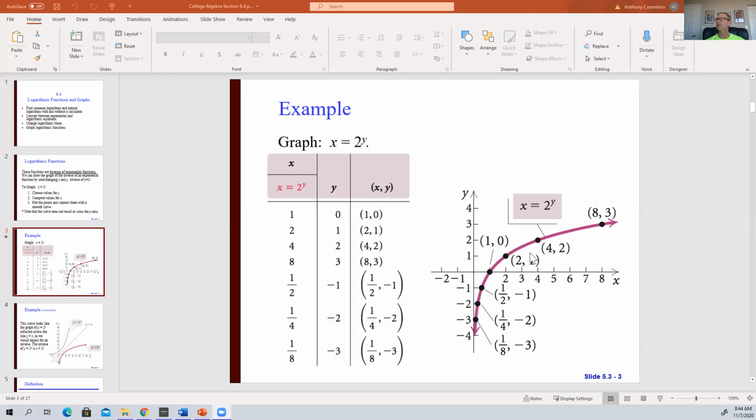These are the positive values starting at x equals 0. I'm sorry, when x equals 0, y equals 1. And when x equals 2, I'm sorry, got it backwards. When x equals 4, y equals 2, and as we continue up that way.